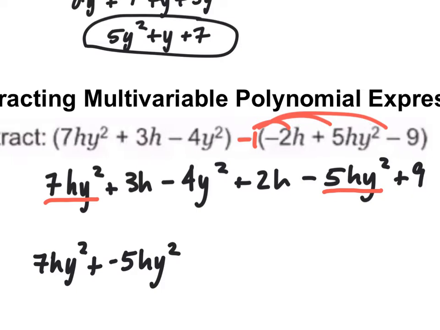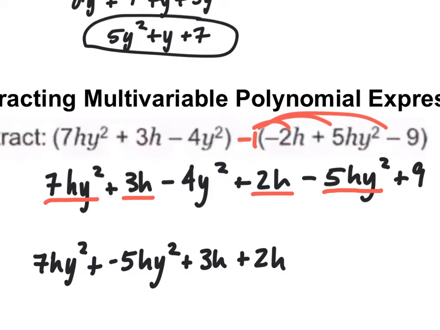The next ones contain a y squared or an h. Let's do that one first. So I have a 3h, and then I have another term with just a positive 2h. So I'm going to do plus 3h and then plus 2h.